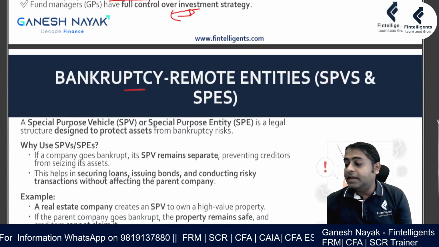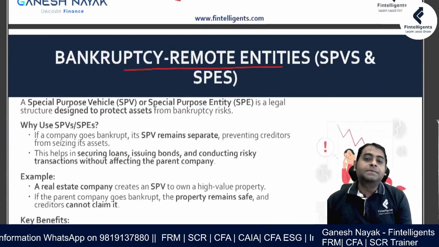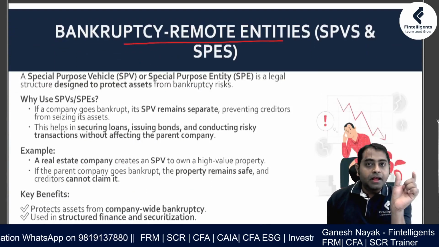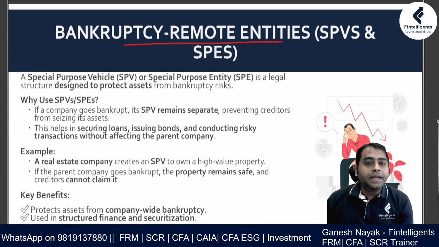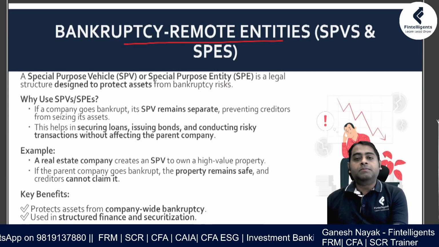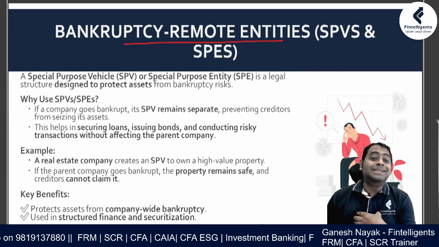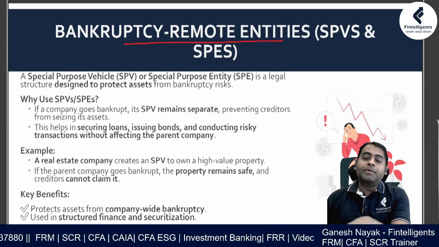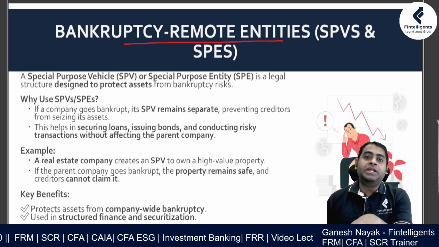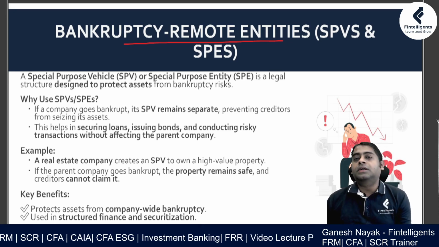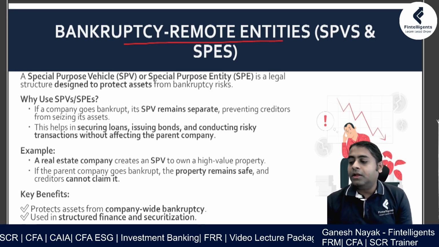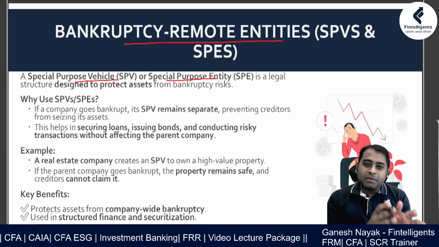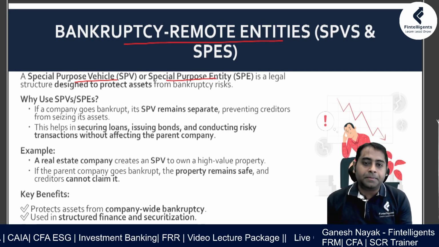Do you remember I used this word, bankruptcy remote entity, Citibank, special purpose vehicle? So why am I creating a special purpose vehicle? Because if tomorrow, me being Citibank, if anything happens to me, your money is protected. You are an investor dealing with a special purpose vehicle, so it is protected. Now these are nothing but different names. Special purpose vehicle, special purpose entity, it's the same thing.